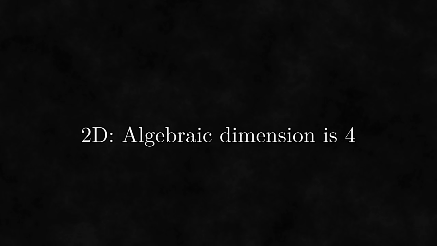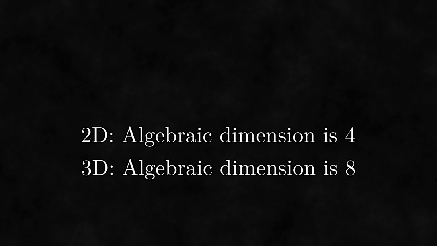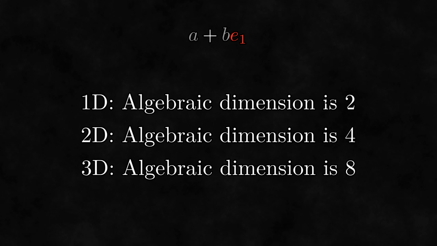One thing you may notice is that the algebraic dimension doubled when jumping up a dimension. In 2 dimensions, the algebraic dimension of multivectors is 4, while in 3 dimensions, the algebraic dimension is 8. Looking at 1 dimension, we only have scalars and one single vector component, so in 1 dimension the algebraic dimension is 2. So it seems that the algebraic dimension of multivectors doubles for each increase in the geometric dimension.